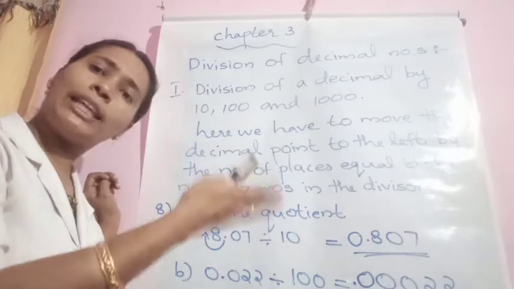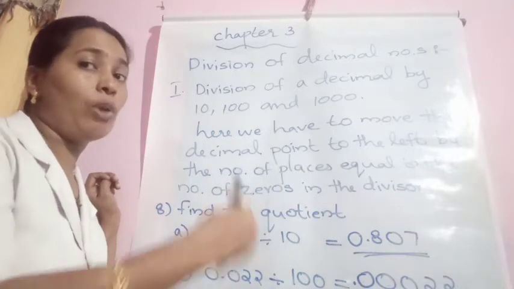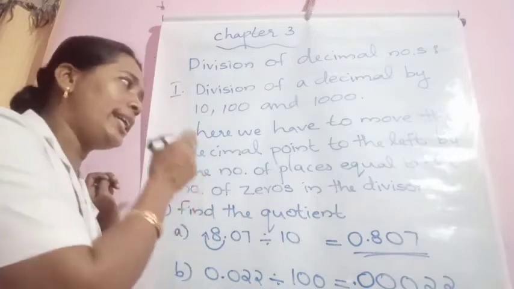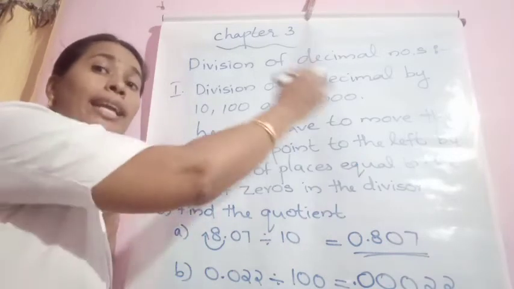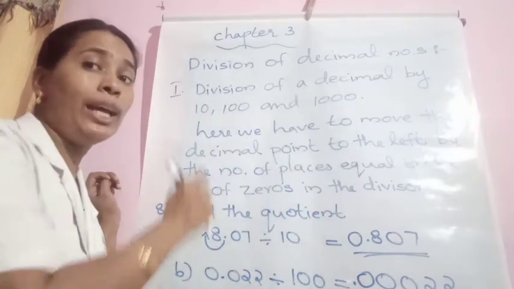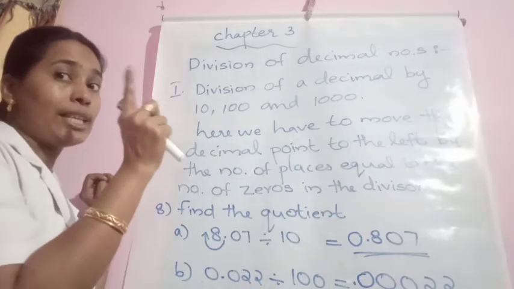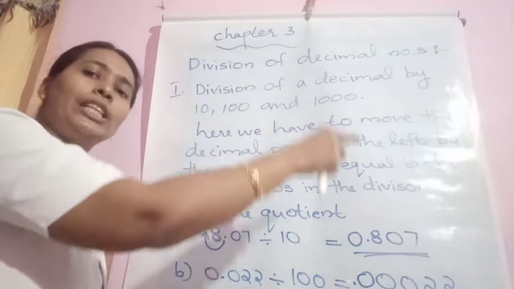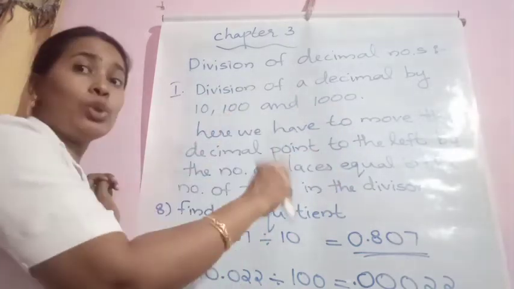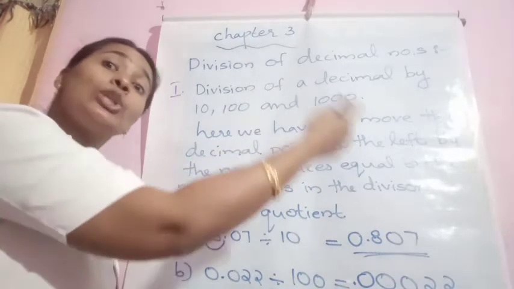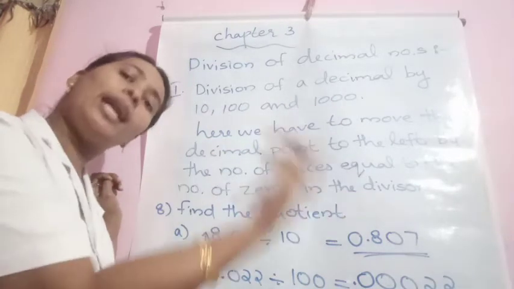When it is multiplication, the value increases, so we move the decimal point to the right according to the number of zeros. When it is 10, 1 zero, so 1 place to the right. 100 means 2 places to the right. 1000 means 3 places to the right in case of multiplication.